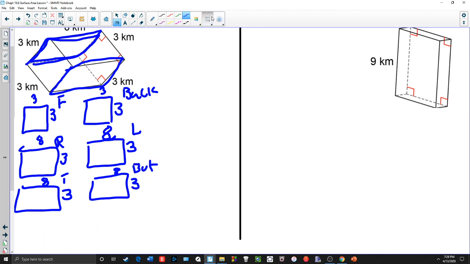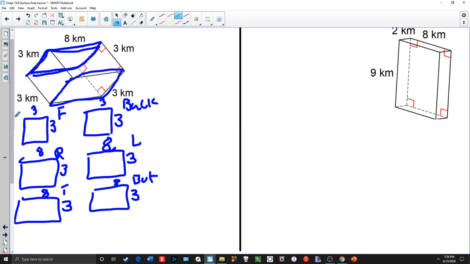And so to get my surface area, let me tone down the thickness here. All I'm going to do is find the area of all these shapes and add them together. So for a square, base times height, area is 9. Base times height, area is 9. Here, 8 times 3 is 24. Here is 24. There is 24. And there is 24.